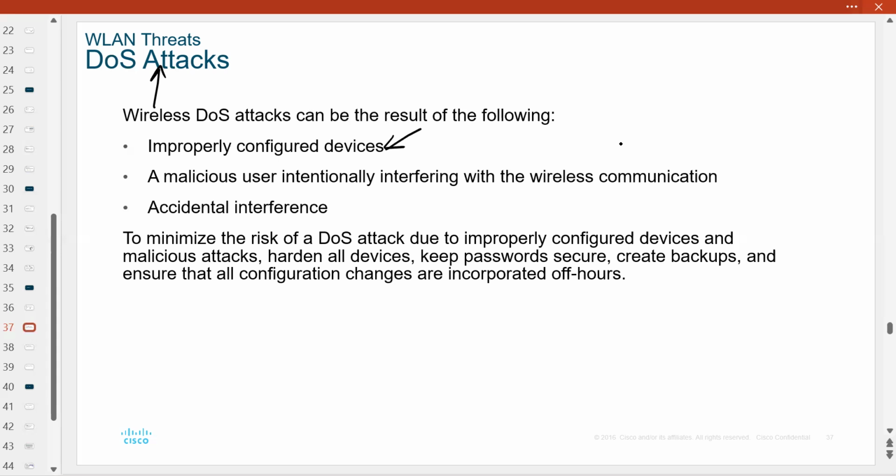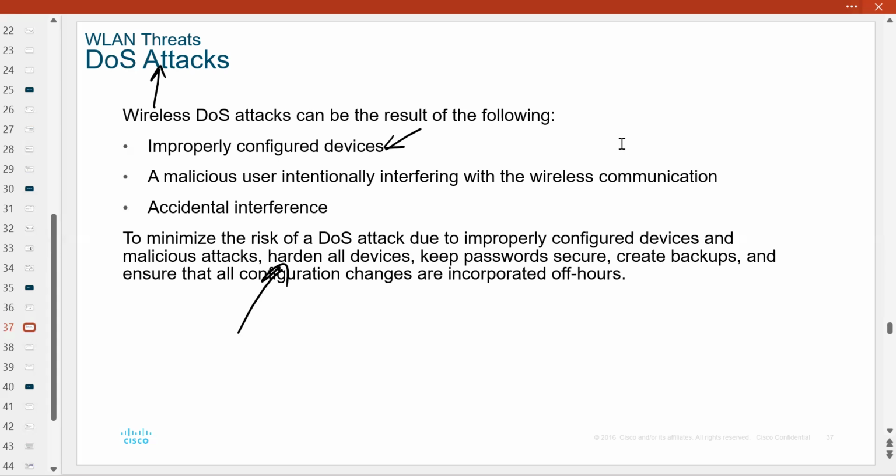To minimize the risk of a DOS attack due to improperly configured devices and malicious attacks, harden devices, device hardening. I think in CCNA 1 chapters around 15, 16, you did device hardening. Even in chapter 2, device hardening. All those passwords you put on switches, privilege user exec, privilege mode, your lines, all device hardening, you put in your passwords.